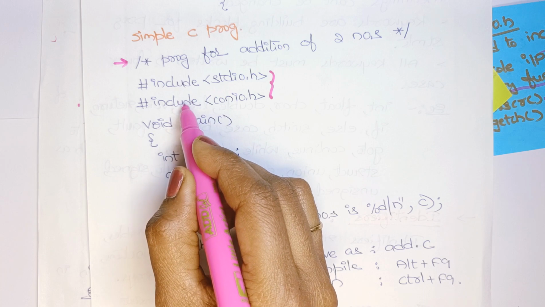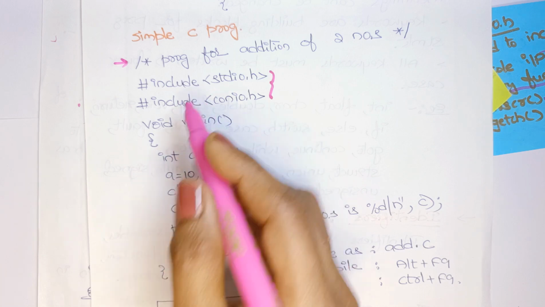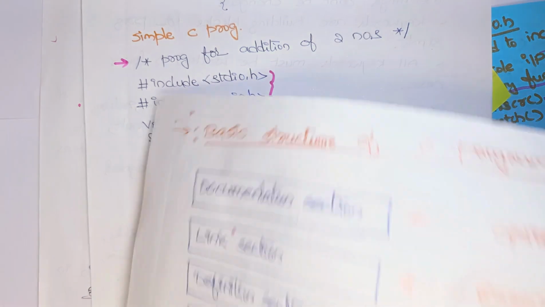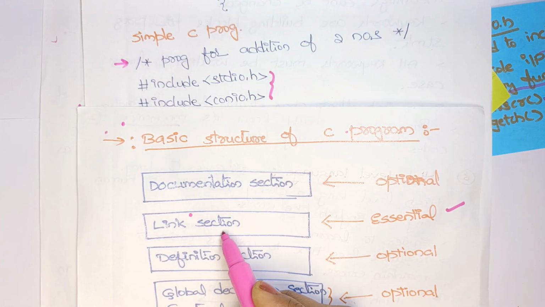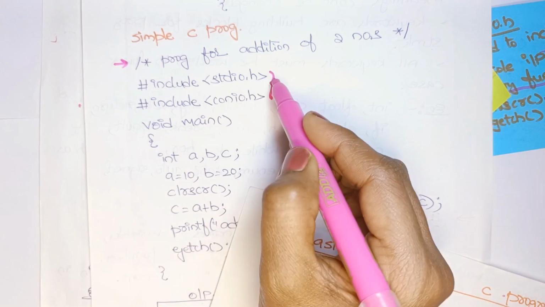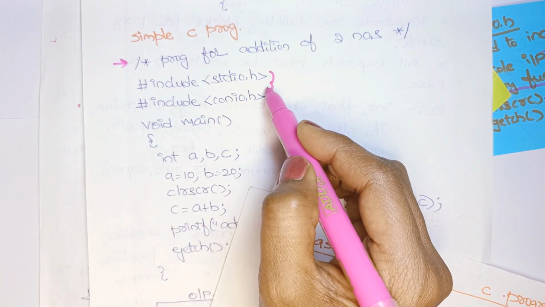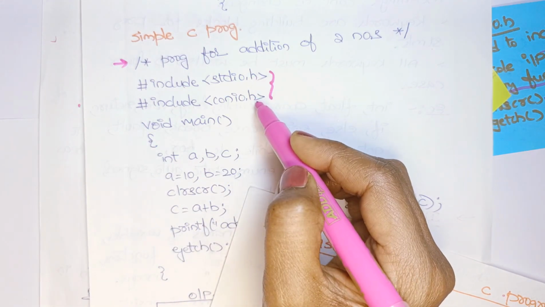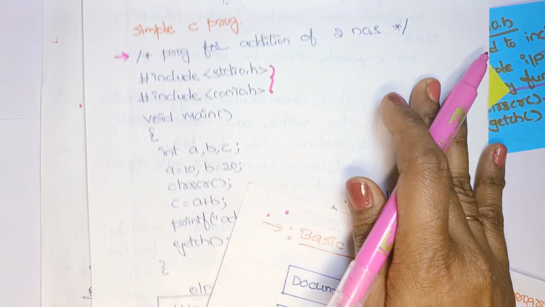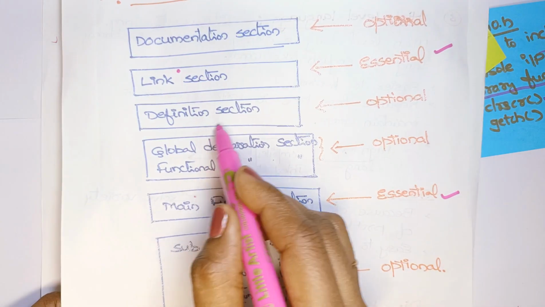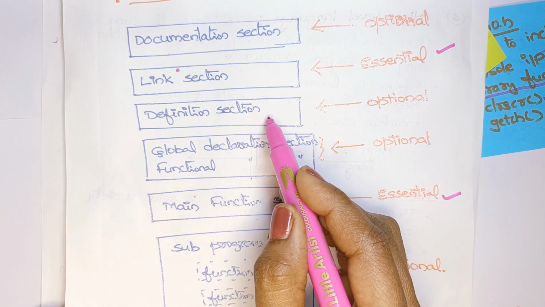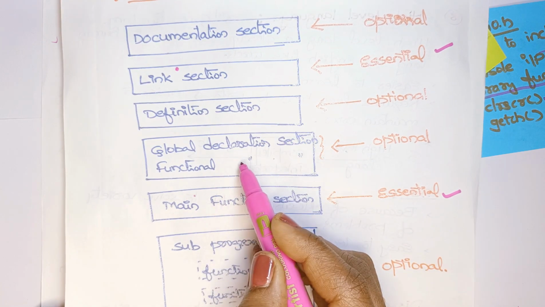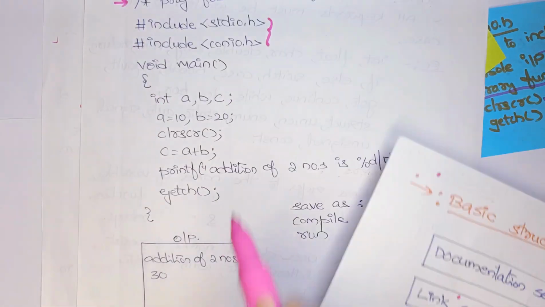Next, I included the header file section, which is the link section. As I said, every C program needs at least these two header files compulsorily, so I mentioned all these header files. Next you have the definition section, which is optional, like hash define. If you want, you can use global declaration, also optional, so I did not mention it.